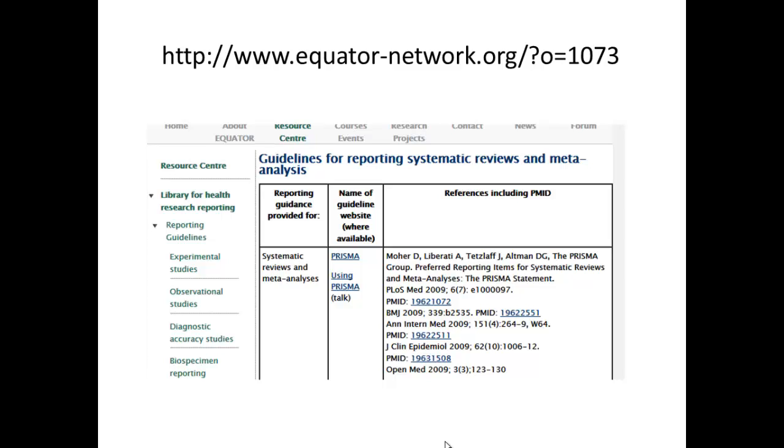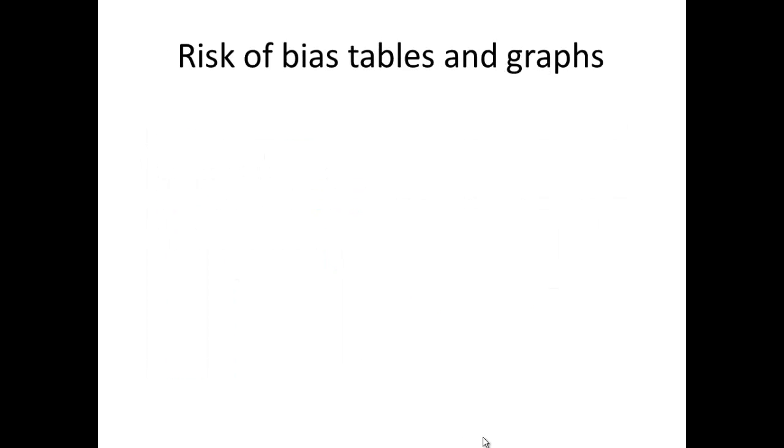If you go there, you'll see there's a whole table linking to all different places that talk about reporting guidelines. There's PRISMA, and this is just a picture of the top, but you can scroll down. There are reporting standards for various different fields, and I found it very useful. So you have that, and hopefully that will be helpful.